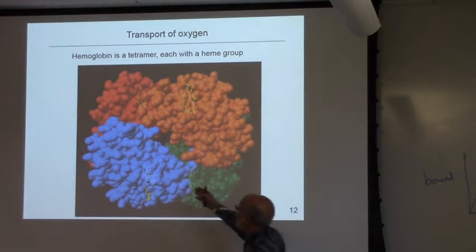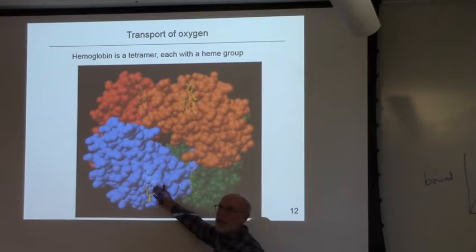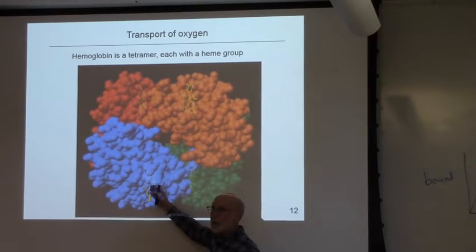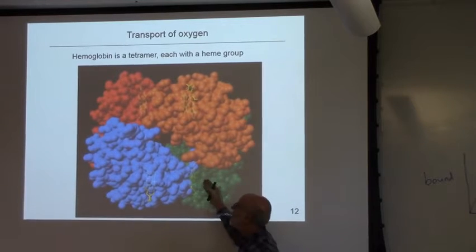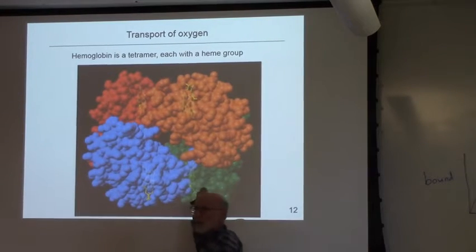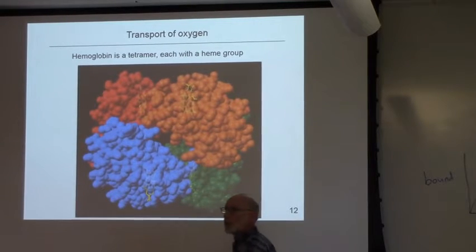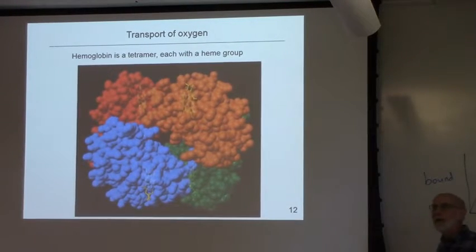Binding of oxygen to, let's just say, this heme group of this monomer increases the affinity of binding to its neighbors by a conformational change in allosteric mechanisms. How many of you have done cooperativity in biochemistry?